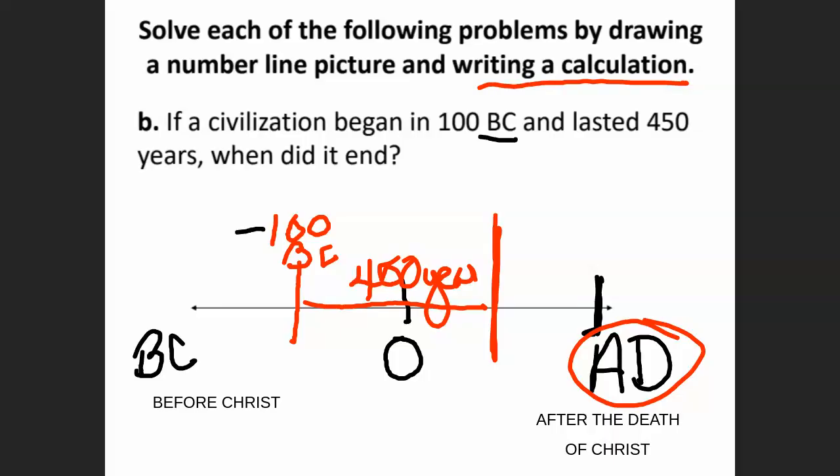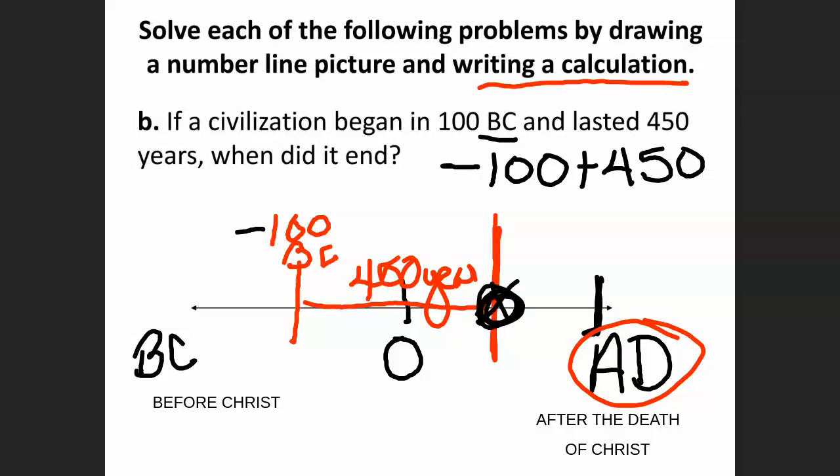Now, it lasted 450 years, means I'm adding 450 to a negative 100. So my equation looks like this. And this place where I stop in the AD time period is going to be 350. And this is AD.